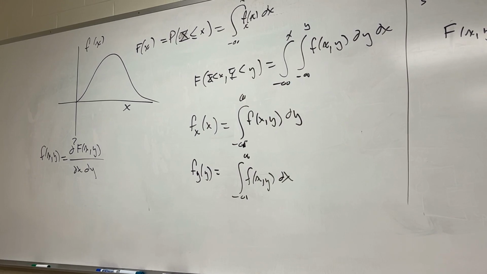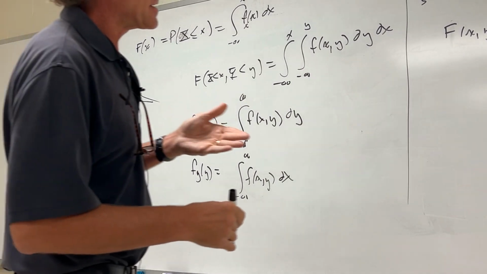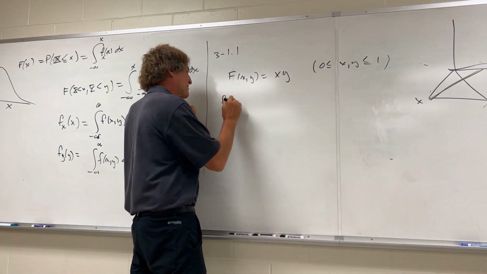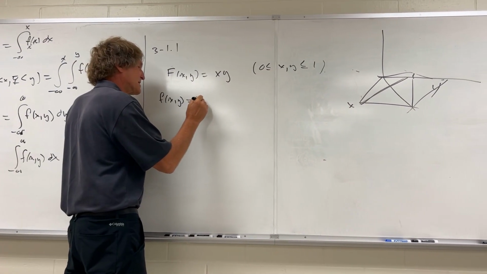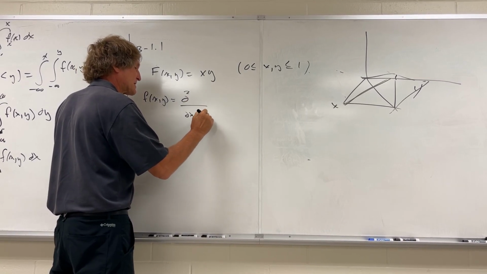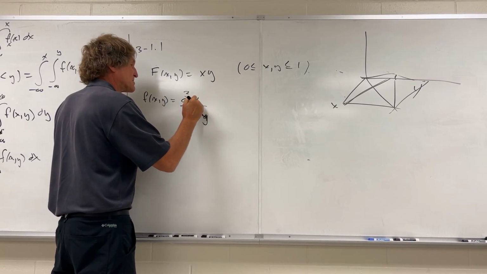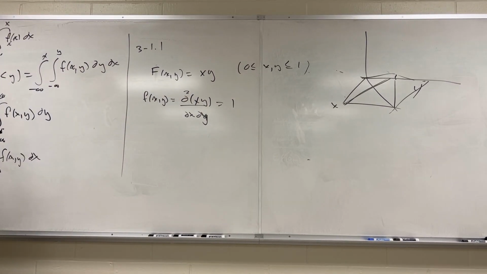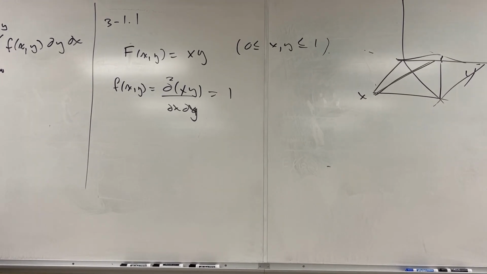With me? So he made it as easy as he could. So what is small f of xy, the density function? Second derivative, right, with respect to x, with respect to y, of that, which is xy. It's 1, isn't it? That's all it is. Okay, how do you sketch that?